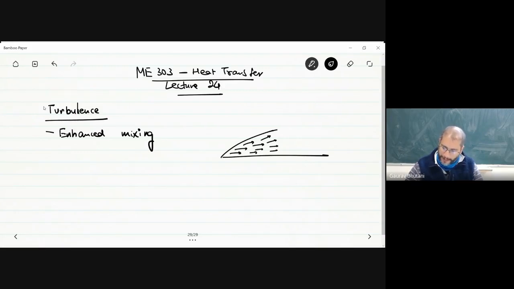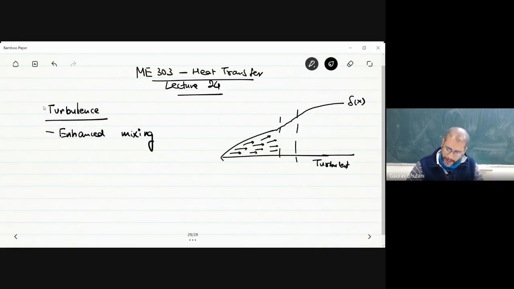But then some transition happens, and the boundary layer becomes turbulent. So this is your boundary layer thickness as a function of x. And here we will call this zone turbulent.